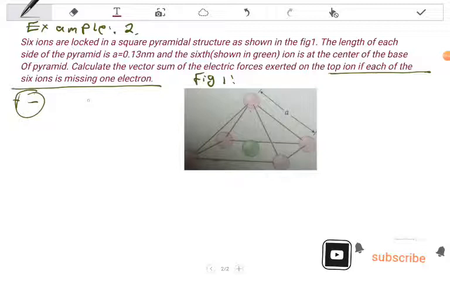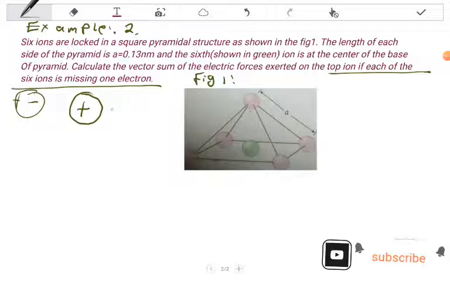But if this ion is missing one electron, then it's positively charged, because with 1 electron missing it's left with a positive charge. So it's got 1 extra proton.